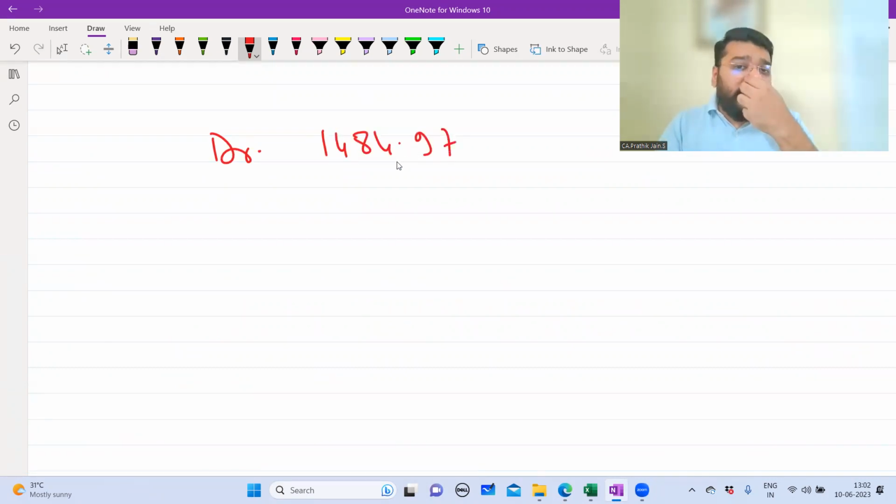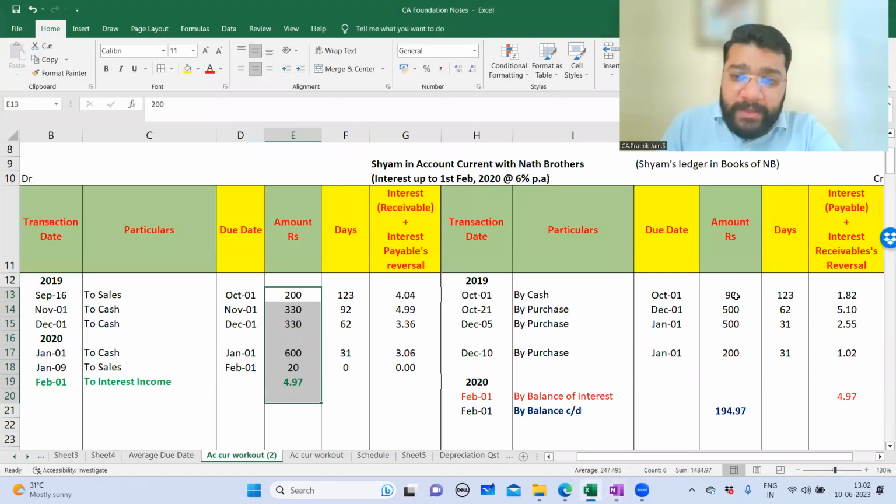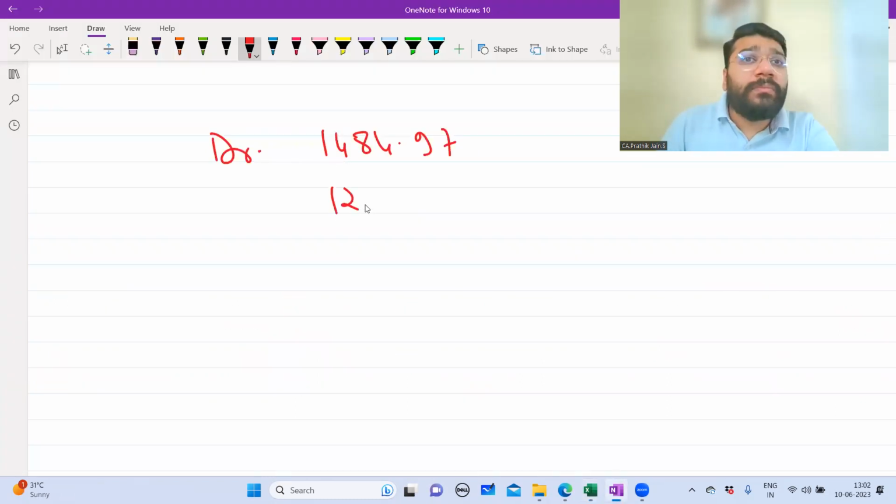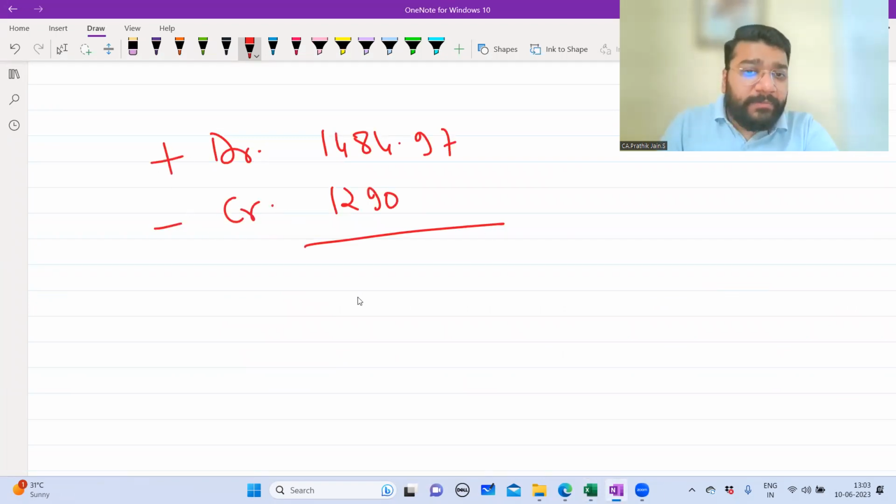Jivika says 1484.97. Others? Is it the same answer? Now, please do the total of the credit side amount. 90 plus 500 plus 500 plus 200. 1000 to 90. This is credit balance. This is positive, this is negative. Then, what is the balance?